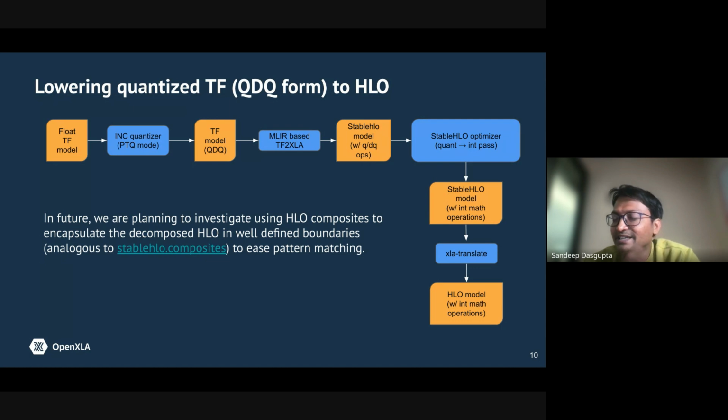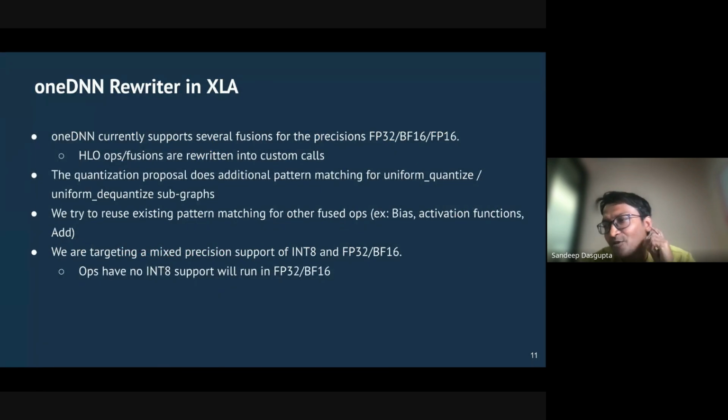It's worth mentioning here that we have plans to investigate the use of HLO composites, which are similar to stable HLO composite operations, to simplify the pattern matching of the decomposed HLO. And with that, I would like to hand it back to Mahmood, who will delve deeper into the compilation and execution of HLO for the XLA CPU backend.